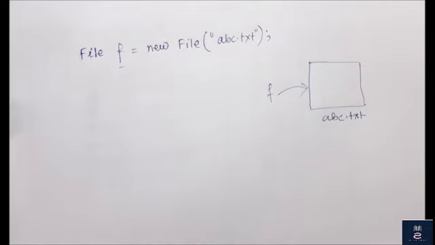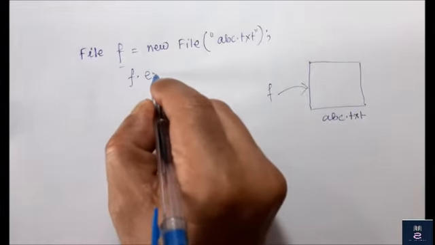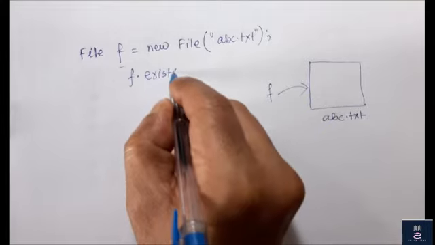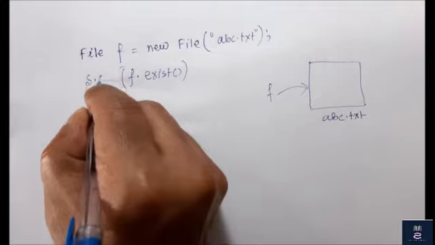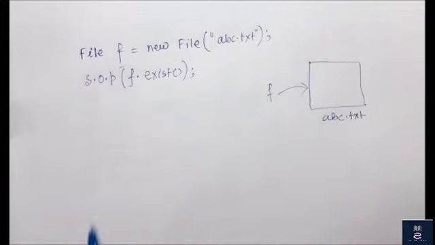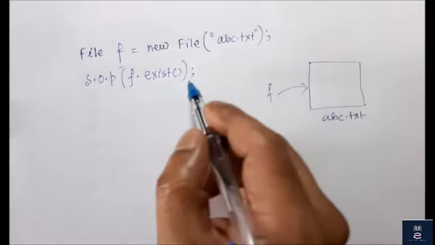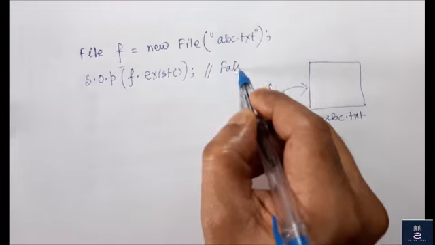So how do I know whether the file physically exists or not? We have a method called exists. I can call f.exists() and print it using System.out.println, and the first time this line is executed, I will get the output false. Why?